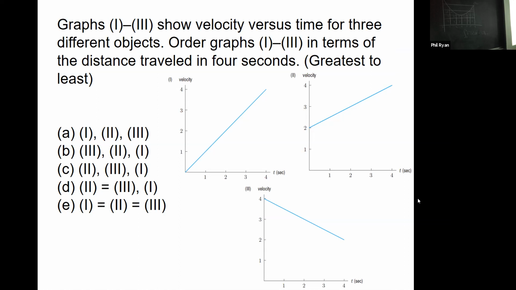This is a trapezoid. This is a trapezoid. If I take this trapezoid and flip it over, I can put it on top of that. So the area is exactly the same. Okay. So the answer to this is D. These two are the greatest distance, and that comes in third.